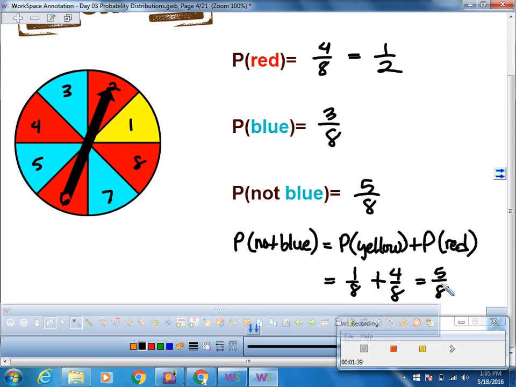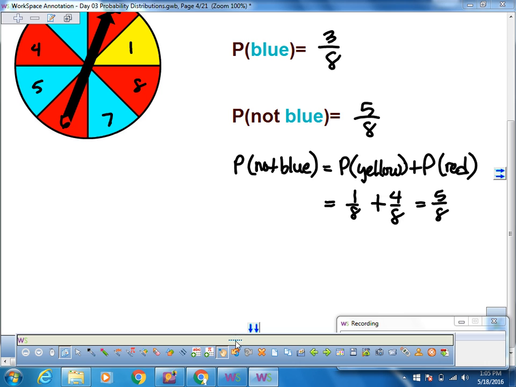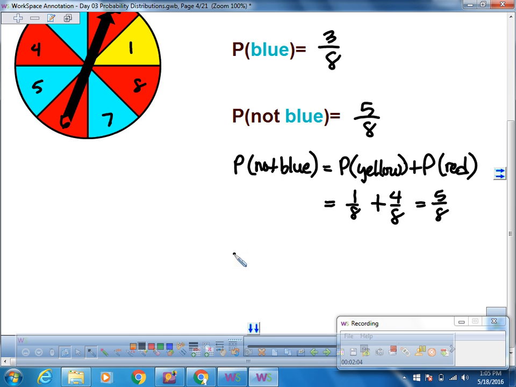What's another way to do it? Julie? Subtract the blue. Good. So I could have done it this way: the probability of not blue is the probability of all of them minus the probability of blue.